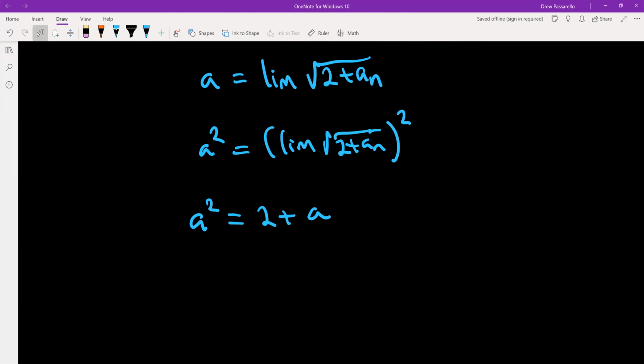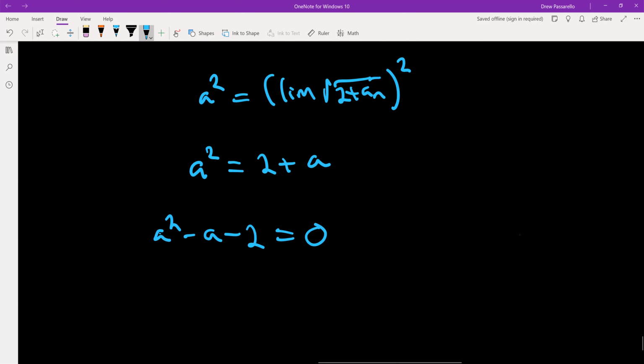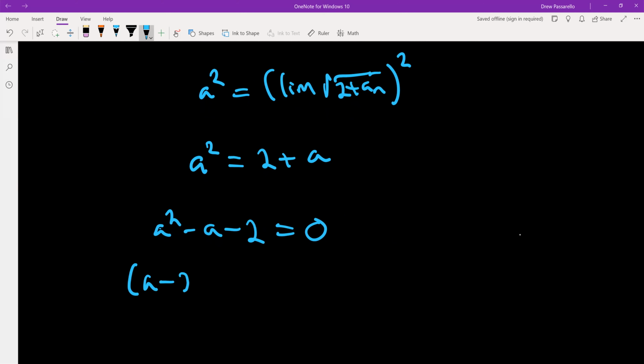Then I can bring the terms over to the left side, and I'll have a squared minus a minus 2 equal to 0, and then I can factor this into a minus 2 times a plus 1.